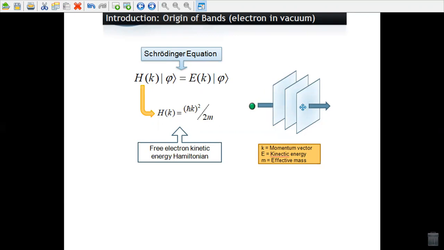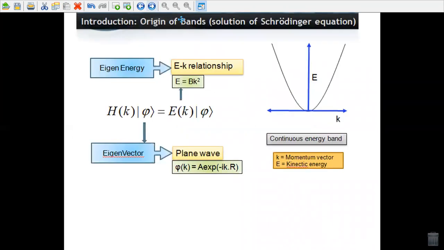If this distance is common, that is the lattice constant, this is the physical scenario of the traveling electron. That's why we are assuming that the electrons are not completely free, but nearly free inside the periodic potential.